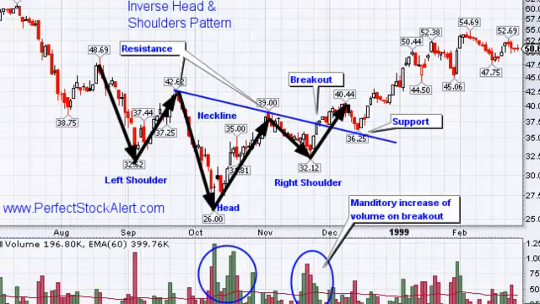One telltale sign I like to watch for whenever I'm looking at the inverse head and shoulders pattern is the argument between price and volume. You'll notice here when you pull down to this level at about 32 on this particular chart, then bounce back up, note the volume level that you're seeing here. Except for this one day, it's all pretty small. And then you pull off way down here, lower than previous. So price is falling lower, telling you that there's even more sell pressure.